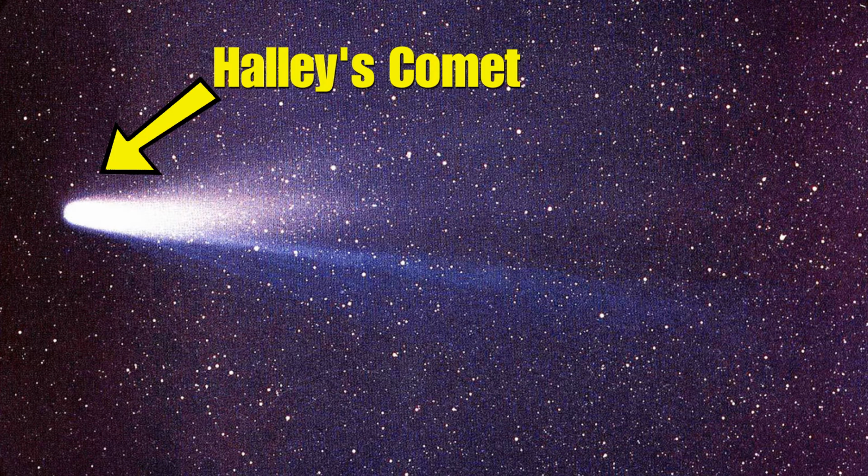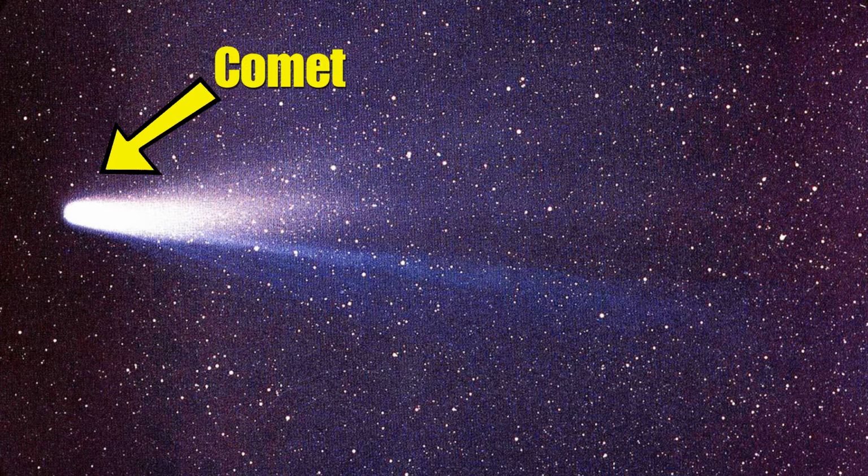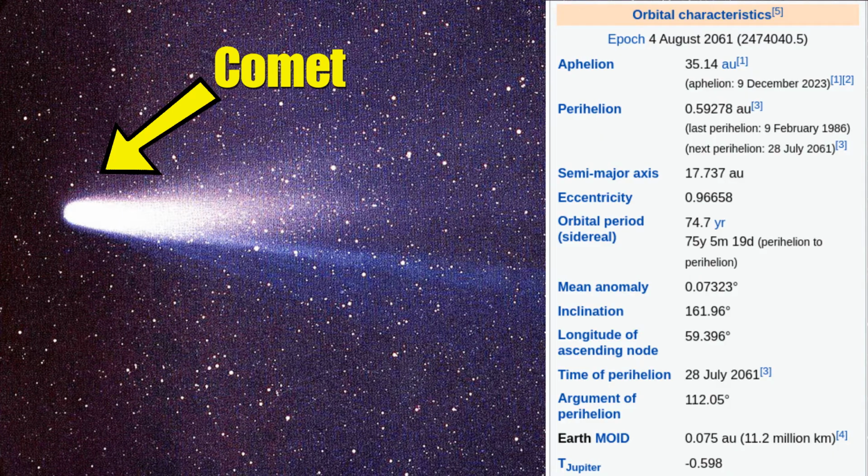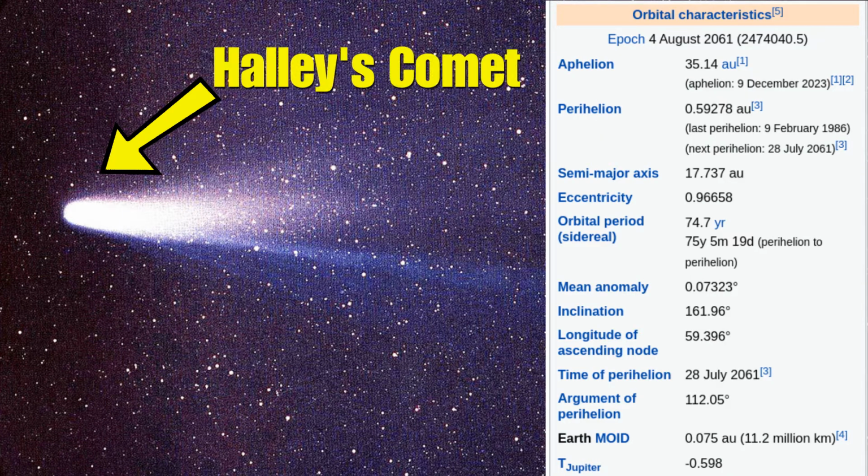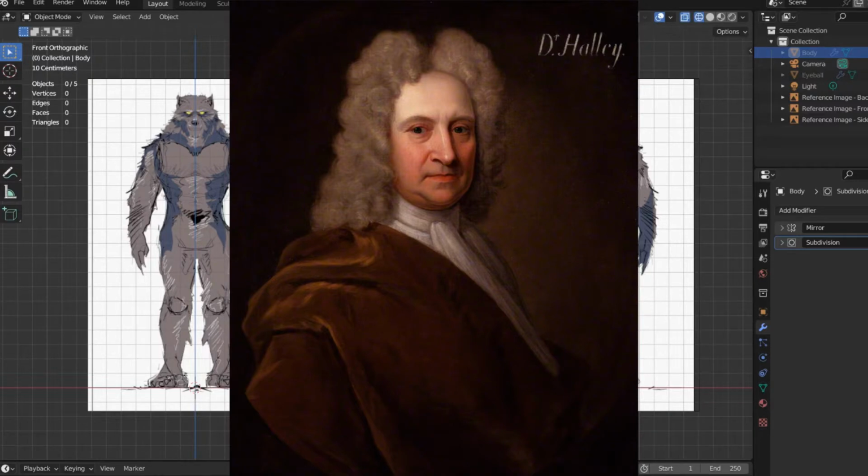Of course, it wasn't called Halley's Comet at the time. It was just a comet. But he predicted it, and when it showed up, exactly when he said it would, we named it for him. Hat tip, Edmond Halley, happy birthday on this day, born 1656.